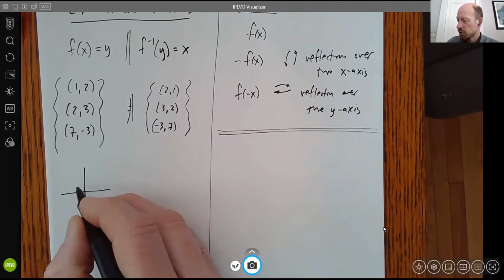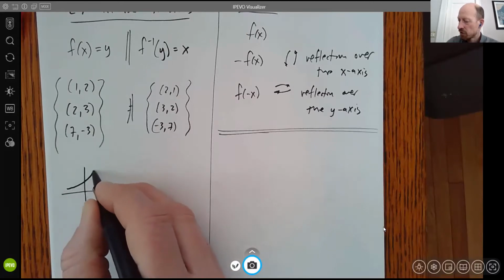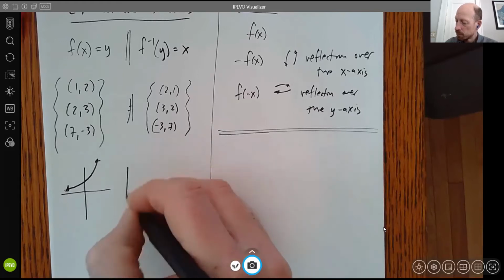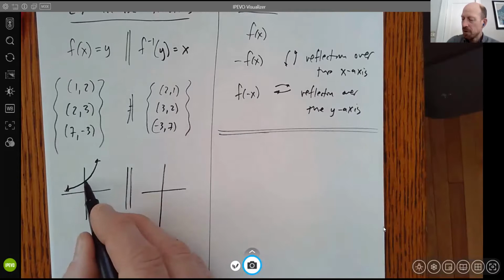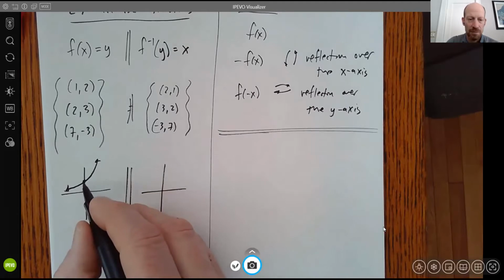So if our function looks like this, what happens, it turns out, is that if you flip, here's a point, maybe this point is 0, 1, let's say.